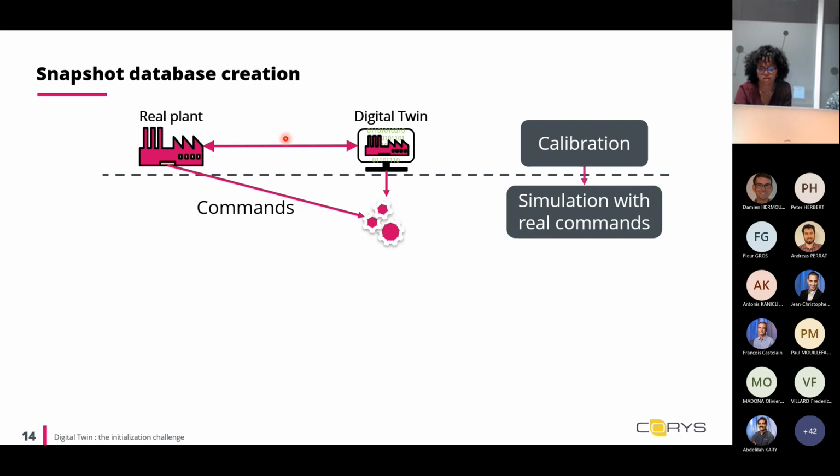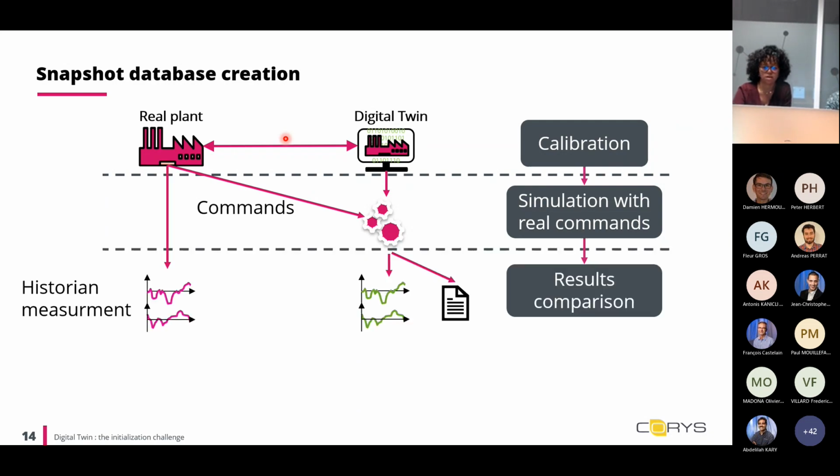Once it's calibrated, we can actually use the commands that were applied on the real plant on the digital twin, the historic commands that were applied on the real plant. We run the model, and while we are running the model, we can extract the measurements from the digital twin and compare them to the historical measurements from the real plant.